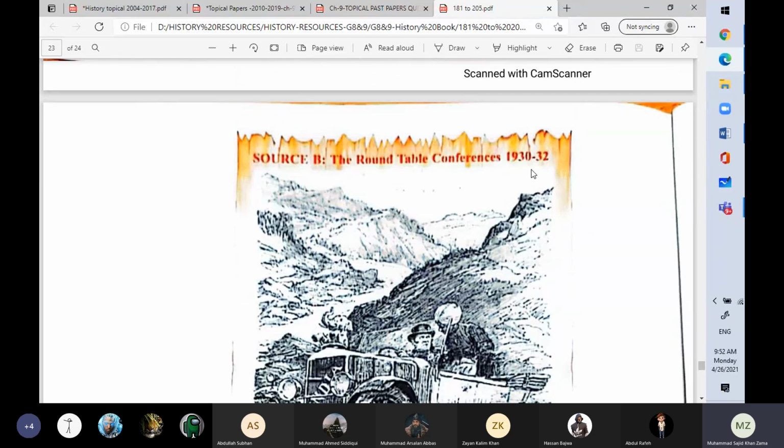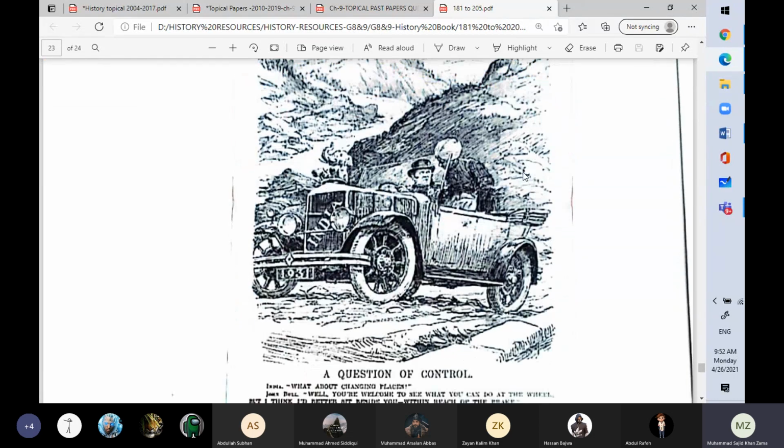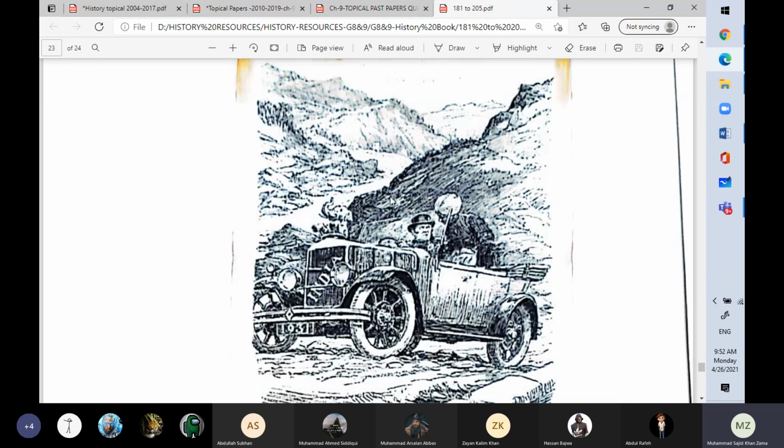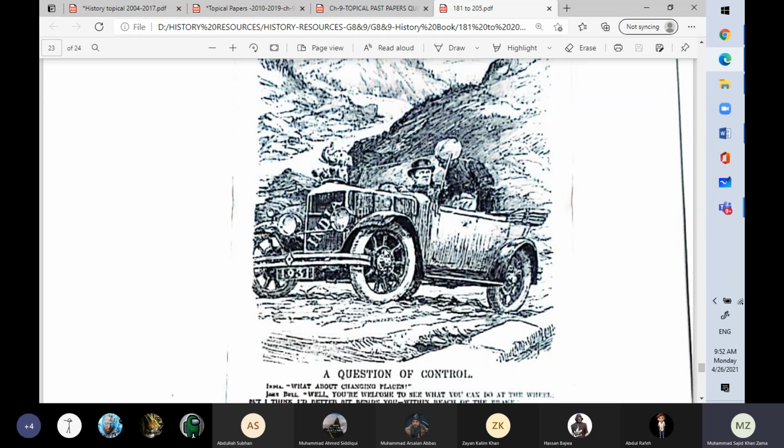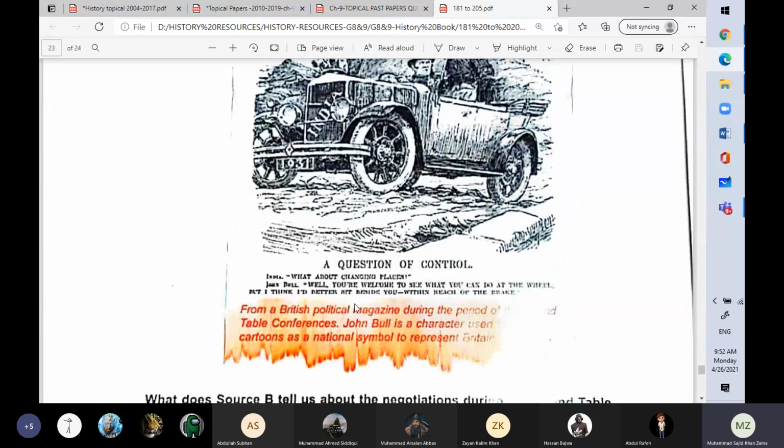So the roundtable conference is 30 to 32, and what we see here is the background, mountainous, and we have a car here. This is British, this is Indian. India is written, 1931 is written on the car, and then we have some description also.